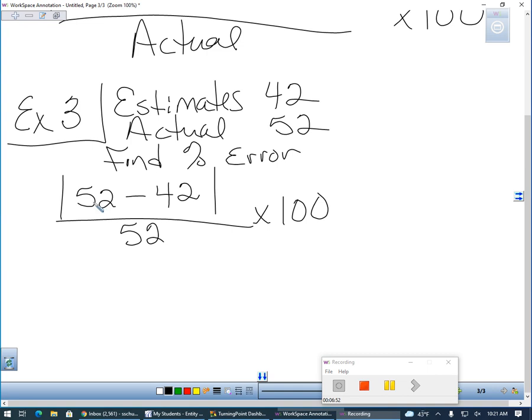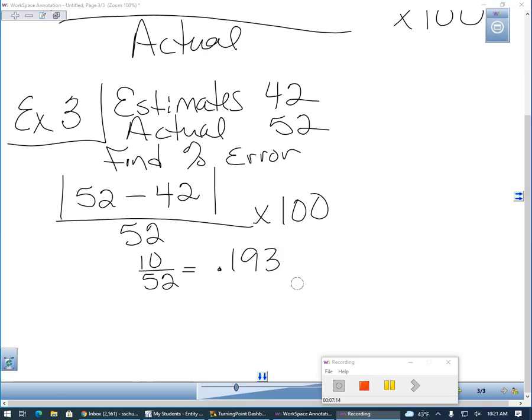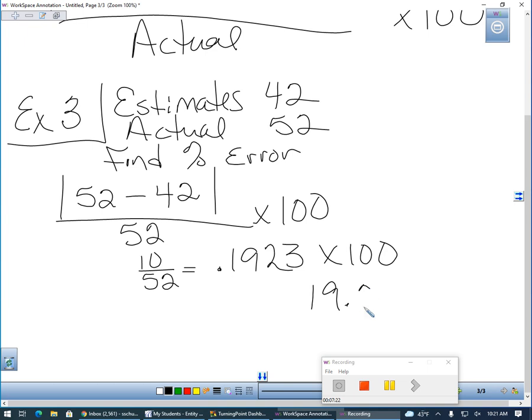So we have 52 minus 42 is 10. 10 divided by 52. 0.192, 3. I was doing it in my head. I apologize. Times by 100, and we get 19.2% error.